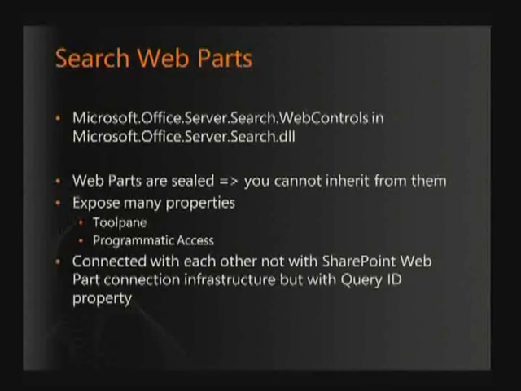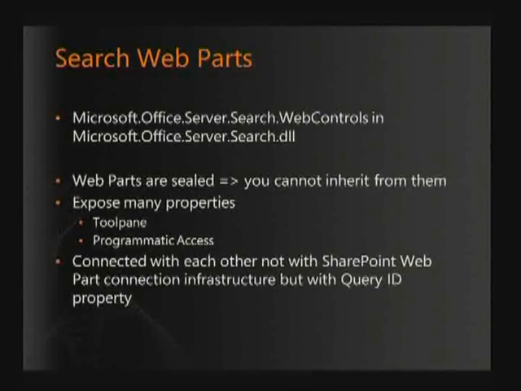But they do expose many properties that you can set in the tool pane, and you have also programmatic access to these properties. Now, one of the real strange things is also that these web parts are actually not connected to each other using the web part connections that you have in SharePoint. They use an internal ID.